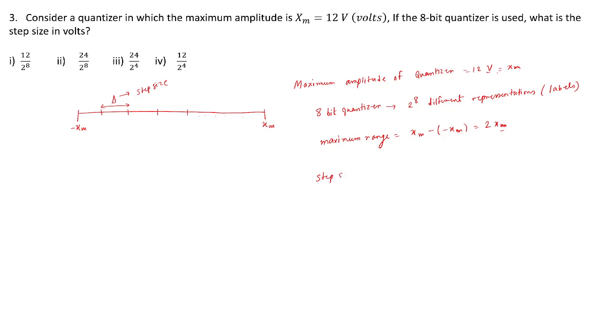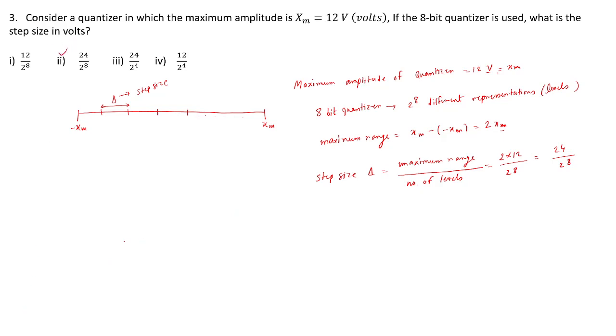Therefore your step size delta is going to be the maximum range divided by the number of levels, that is 2 times 12 over 2 to the power 8, which is 24 divided by 2 to the power 8. So the second option is the correct one.